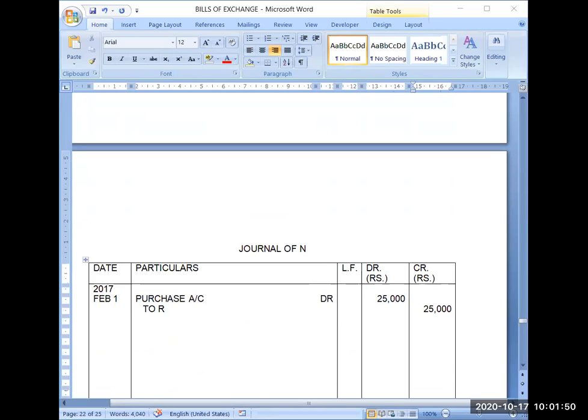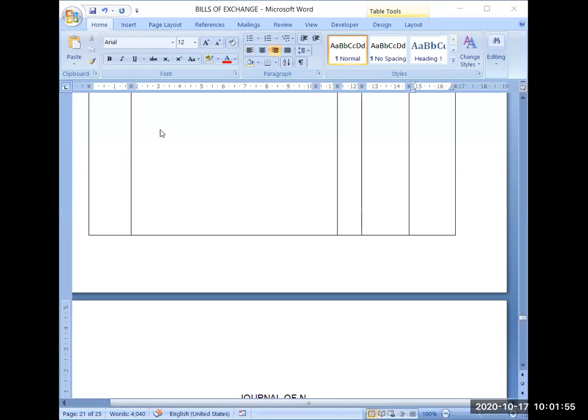So we should always complete the transactions in a simultaneous way for both purchaser and seller.